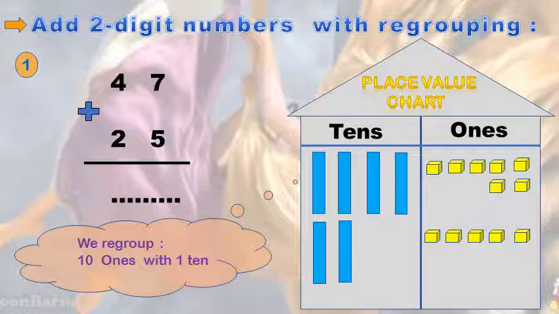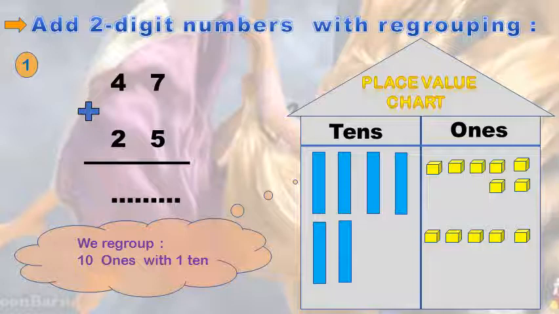Let's count the ones we have in the ones room: 1, 2, 3, 4, 5, 6, 7, 8, 9, 10, 11, 12. Can I write 12 in the ones room? No, I can't, because the ones room can only hold 1 digit.